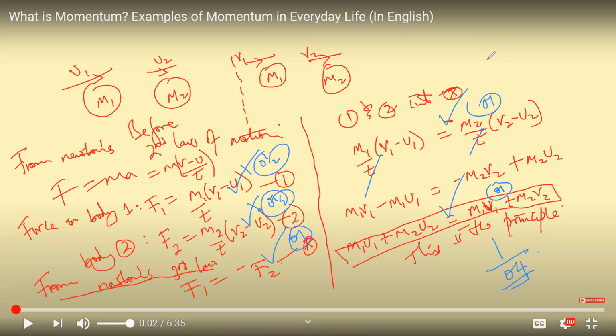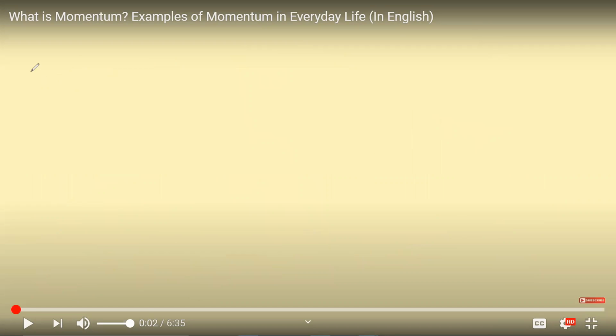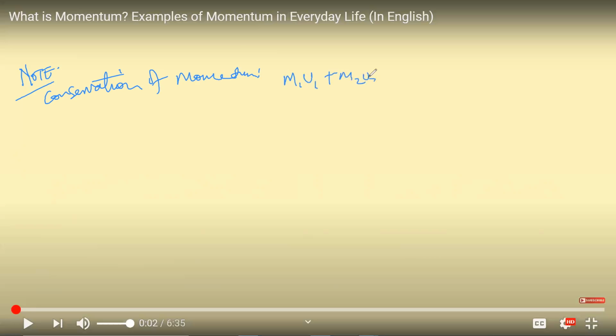Okay, I'm done. So, we just need to note for conservation of momentum, we use the equation M1U1 plus M2U2 equals M1V1 plus M2V2.